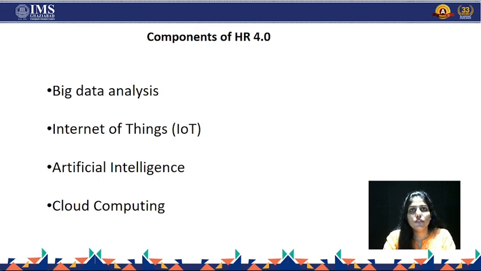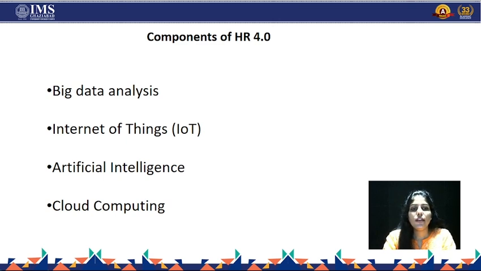What is the Internet of Things and what is its role in HR 4.0, or I can say the development of manpower of the company? It is a network of interconnected devices and sensors that collect and exchange data on employee experience and productivity. This is the basic role of Internet of Things. Now, what skills must a manager possess to handle the Internet of Things in the organization?